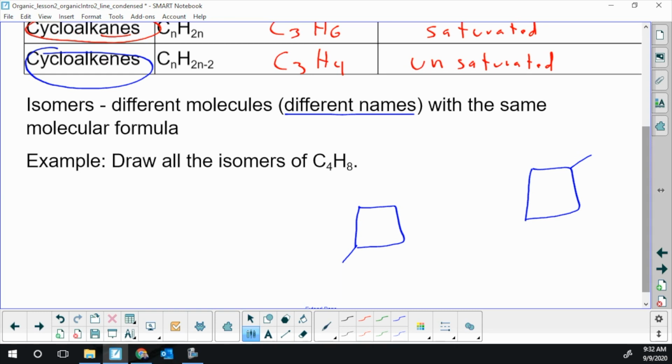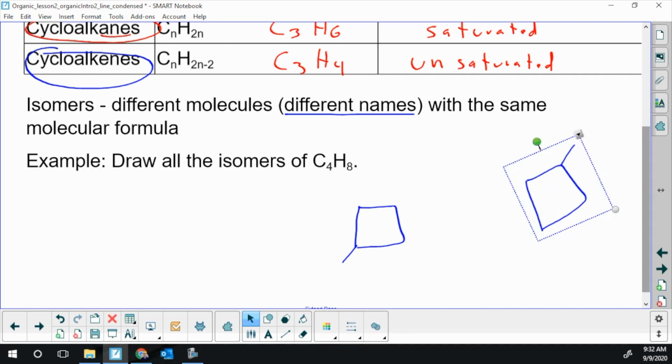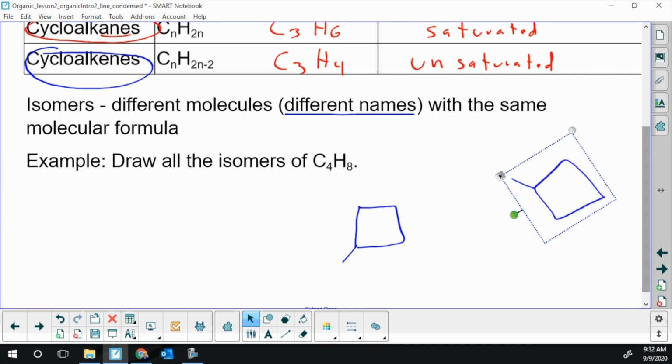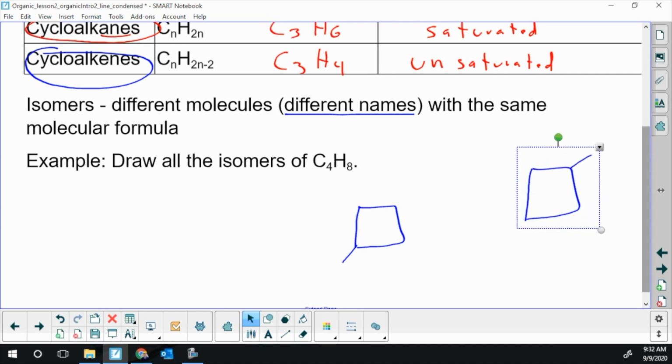They're the same molecule. One's just rotated. Let's see if I can actually, yeah, I can rotate it. Okay. It's the same thing. It doesn't magically become something different just because it's a rotation of something else. Okay. And this is something that students can find confusing. You have to make sure you don't get tricked by that. Something that looks different, but it isn't. It's just a rotation.